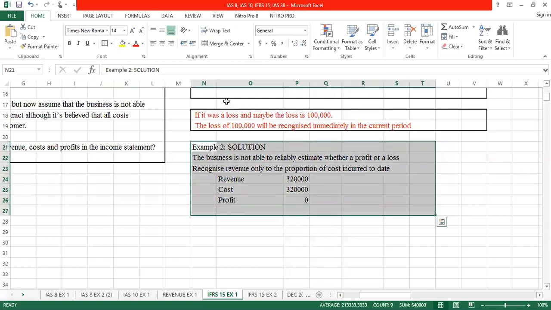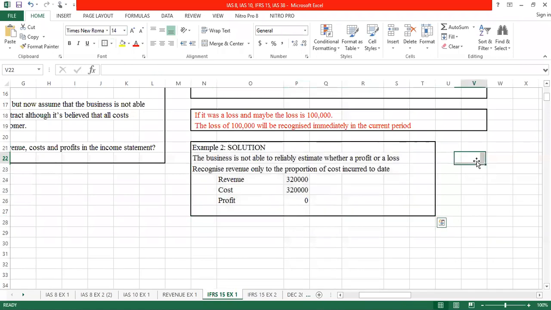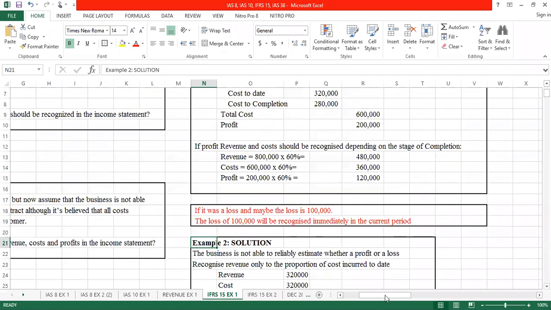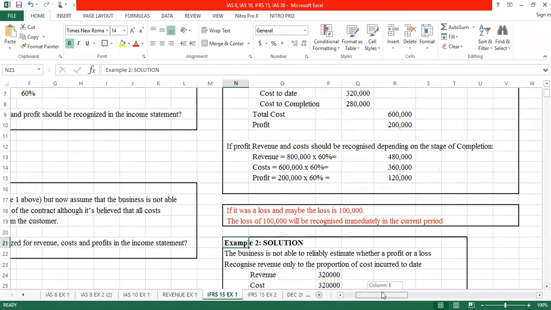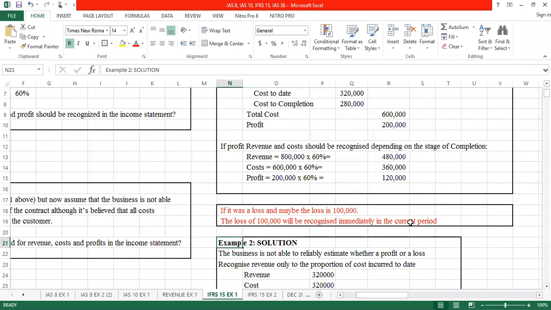Those who have covered this standard before, I hope you understand. I'm trying to explain it in a language that everyone can understand, as slowly as possible. What we have learned, before I go back to the slides, is that recognition of revenue and costs depends on whether the outcome can be measured reliably or cannot be measured reliably.